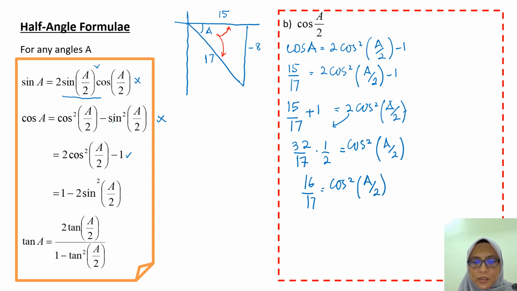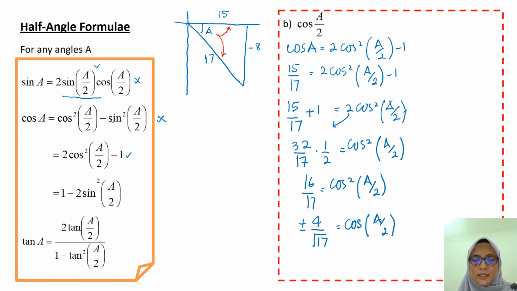Okay, so by taking the square root, we will have plus minus 4 over square root of 17 equals cos A over 2. Okay, so which do we choose, positive or negative value for cos A over 2? We cannot choose both, so we have to decide which one to take.